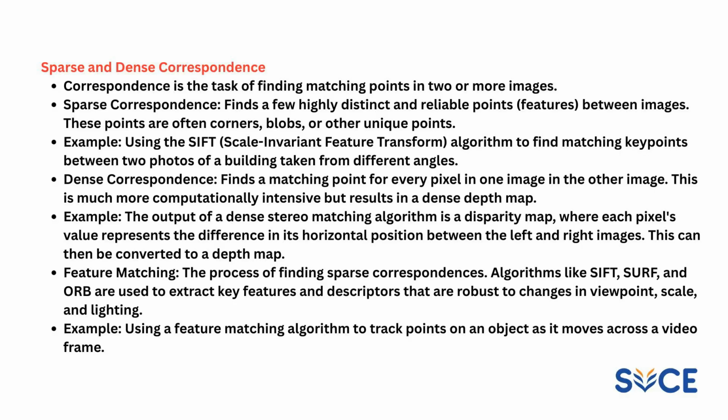We don't just detect the corners or blobs, we also describe them using algorithms like SIFT, SURF and ORB. These descriptors are like fingerprints of the feature, used to find its match.